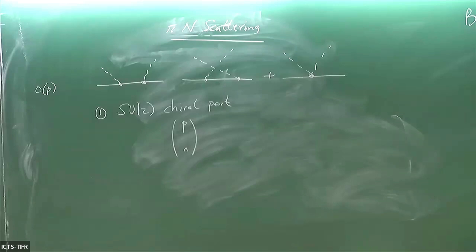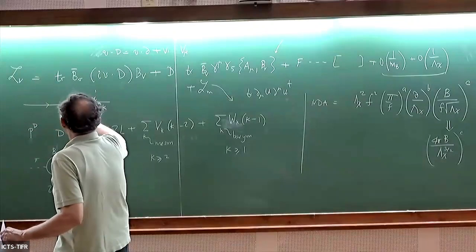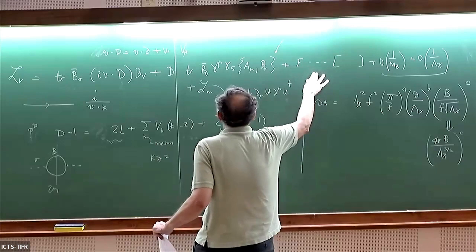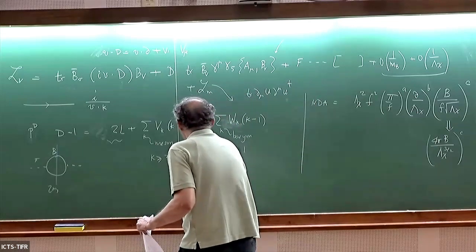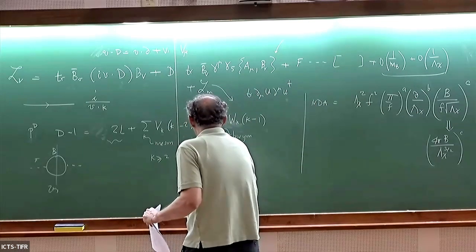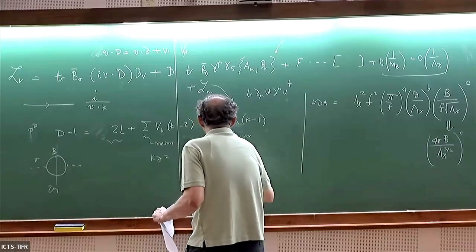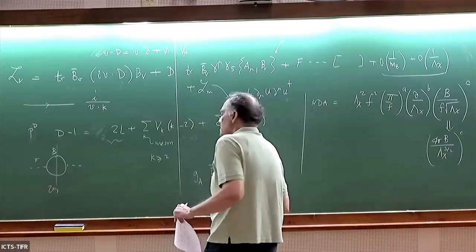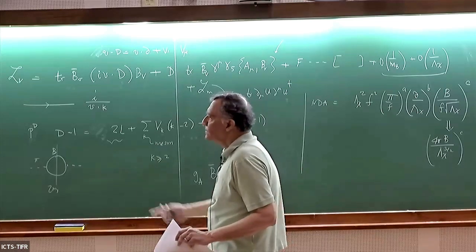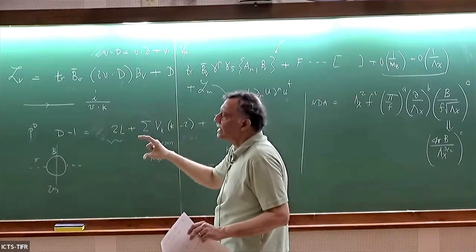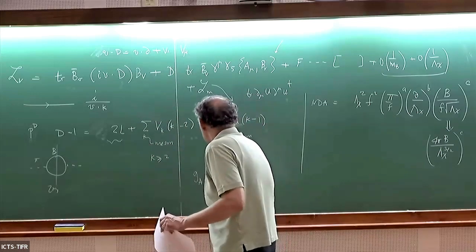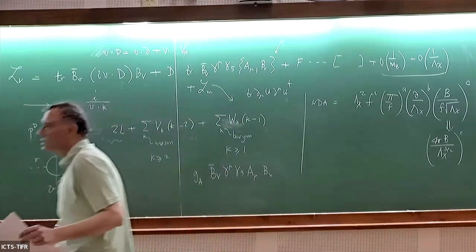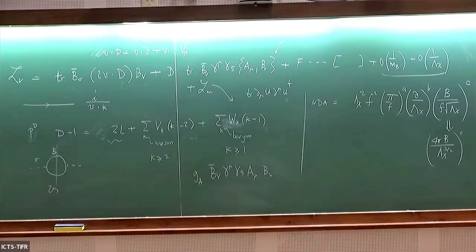There's no trace because now B is a column vector, B bar is a row vector. So you only have GA, B bar V, gamma mu, gamma 5, A mu BV, because to get an adjoint from a fundamental and an anti-fundamental, there's only one way. Whereas if you want to combine three adjoints, there are two. There's an F invariant and a D invariant. So this just simplifies some of the group theory.